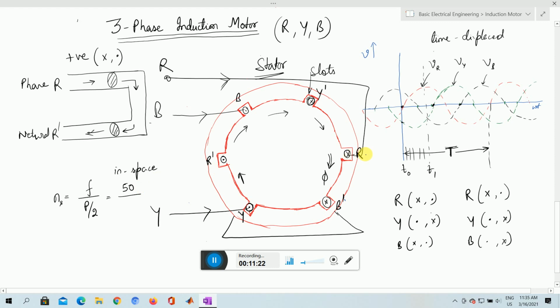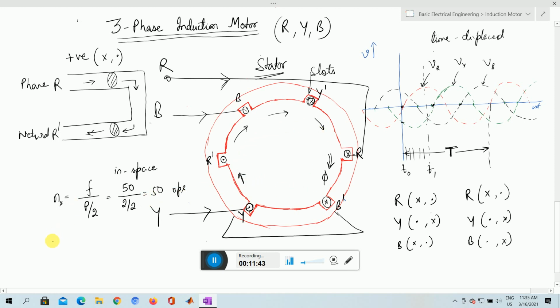So the number of poles will be north and south, two poles. So 2 by 2 is 1, so it will be 50. So Ns is the speed, the number of revolutions it will do in 1 second. So revolution per second is given by 50.